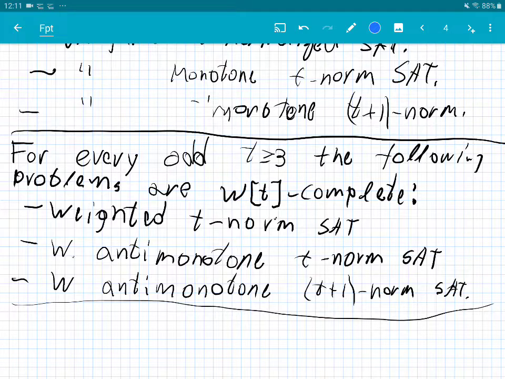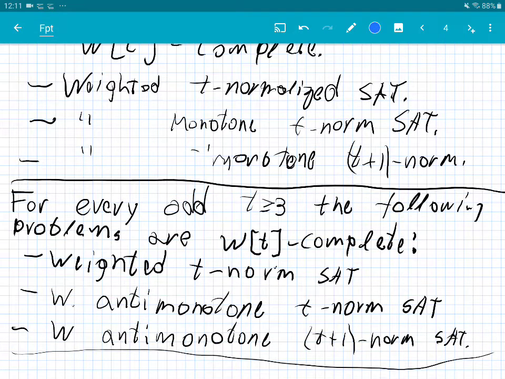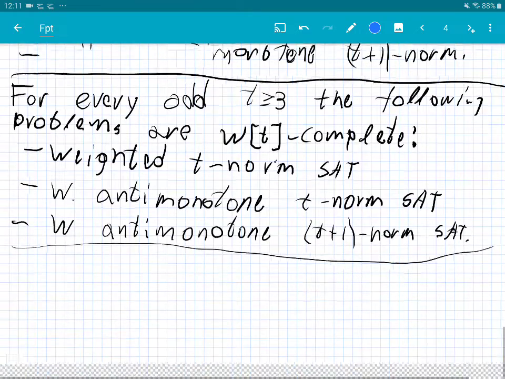By the way, I should say that I was wrong about the first part, essentially because the first part is not anti-monotone. The first part is about monotone, right? So essentially what it says is that the normalized complexity changes only when you jump by 2, right? So T normalized and T plus 1 normalized, if T is even, belong to the same class, right? So that's what this theorem states.